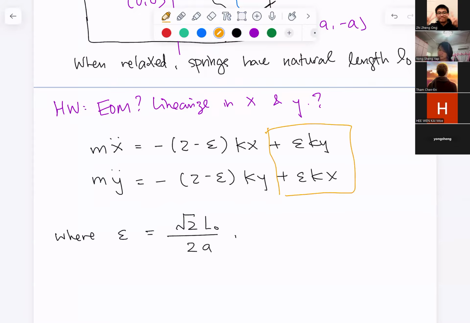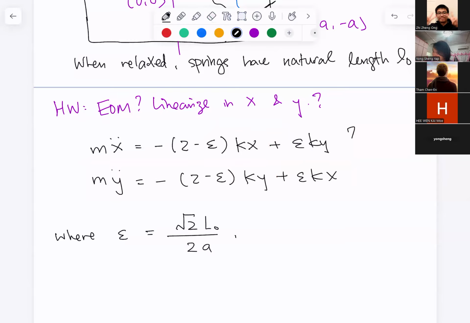So the equation of motion in terms of x is coupled to the displacement in the y direction, and the equation of motion in the y direction is coupled to the displacement in the x direction. So this is not that easy. These are what we call coupled equations of motion.